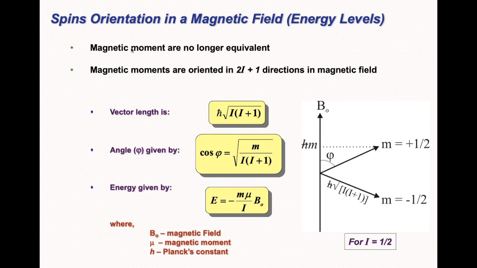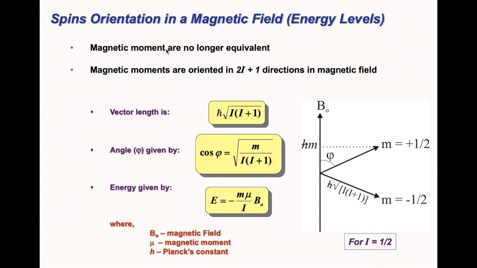You remember there are certain nuclei in the periodic table that possess spin, that means they rotate about their own axis. The nucleus is a charged species and it is rotating because of the spin. As a result, it creates a magnetic field, and the strength of the magnetic field is measured in terms of magnetic moment. According to quantum mechanics, this magnetic moment is not a single quantity, it is a vector quantity.